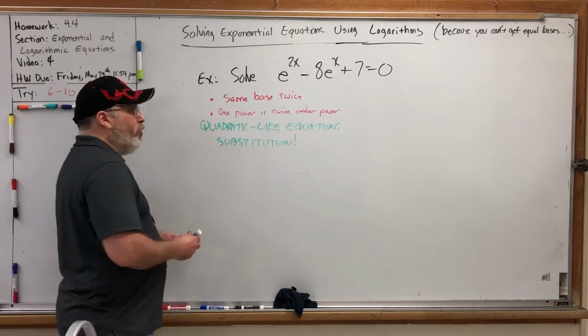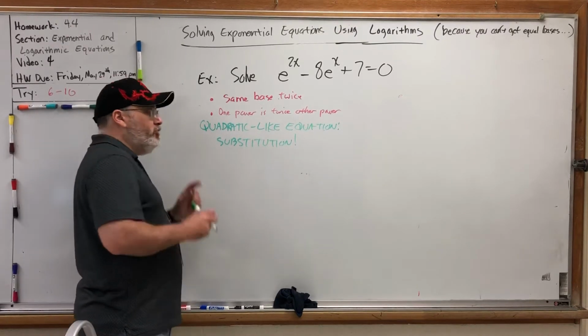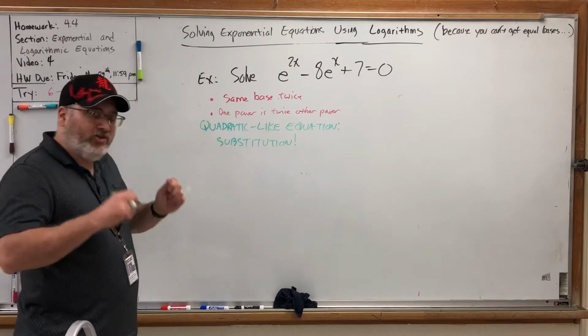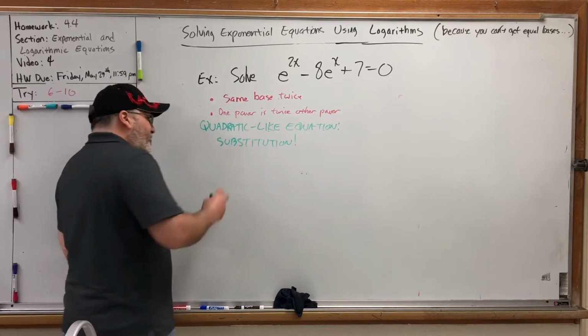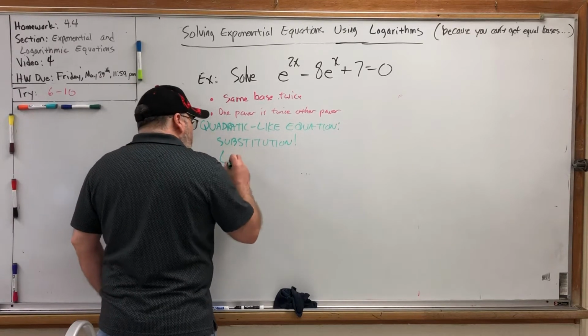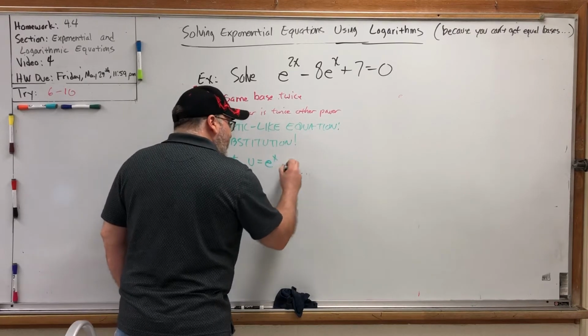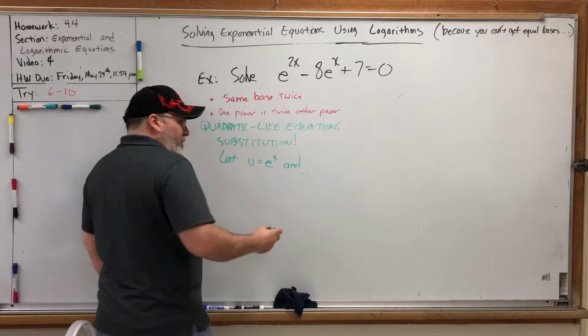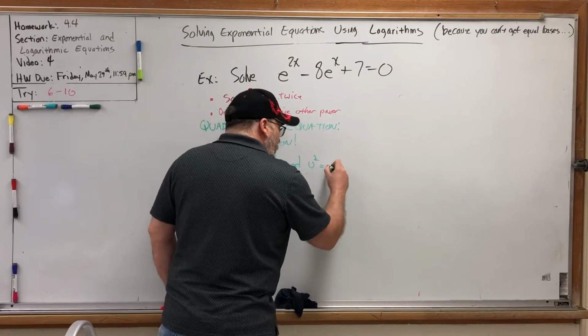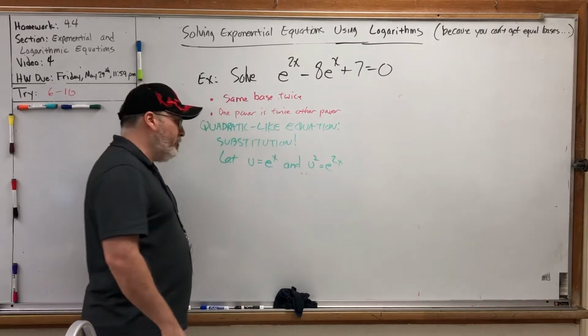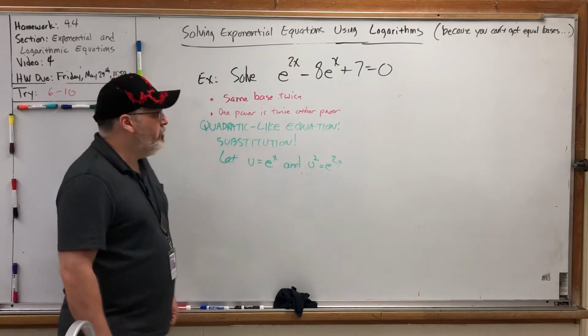And just a reminder, the way a substitution works is you choose a single letter to represent the lesser of the 2 powers. That substitution is almost always u. So we're going to let u equal e to the x. And as a consequence of that, u squared will represent e to the 2x, which you get when you square both sides of this.